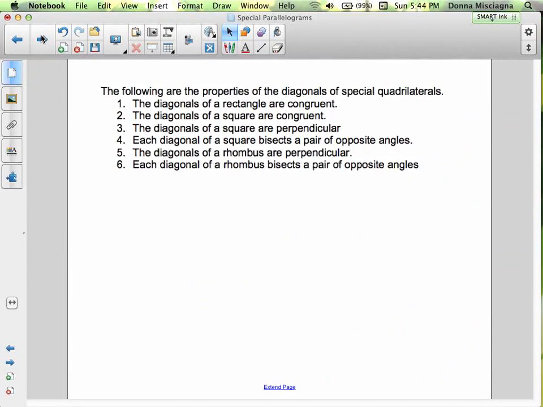Diagonals of the rhombus are also perpendicular, and because a square is a type of rhombus, the diagonals of a square are perpendicular. The diagonals of a rhombus bisect each pair of opposite angles, and because a square is a type of rhombus, each diagonal of a square also bisects a pair of opposite angles. So any feature of a rectangle or rhombus is also true for the square.